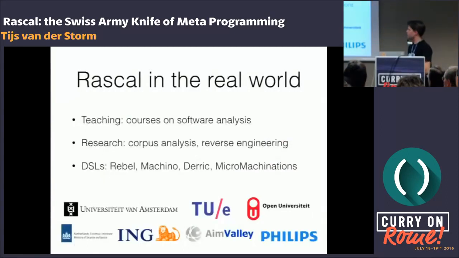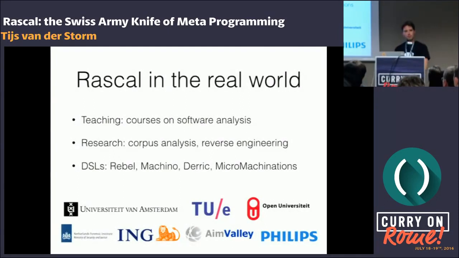Okay, final words. You might think, okay, Rascal, this is cool and fancy, I hope you think that, but this is an academic language. Yes, it's an academic language, but we're working on adoption in companies, and we're also using it in teaching courses on software analysis. I'm using it in courses on software construction based on DSLs.